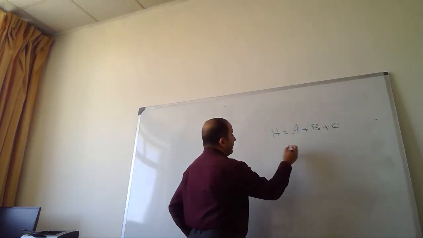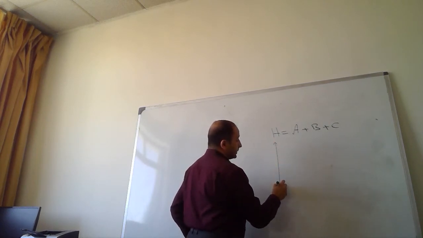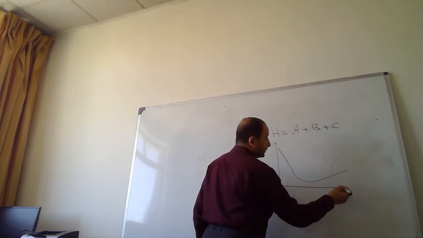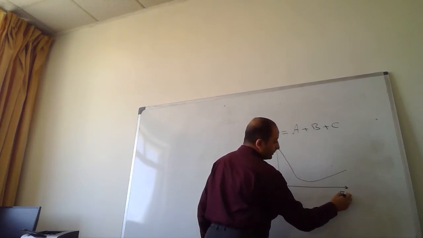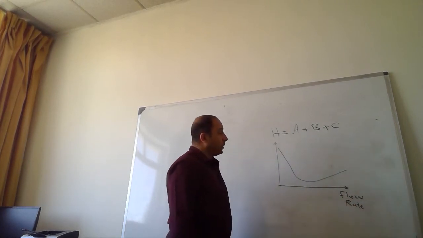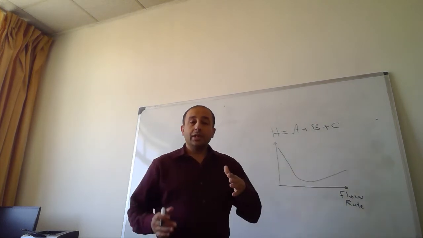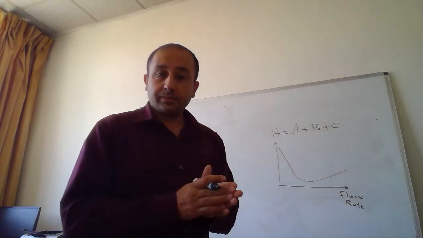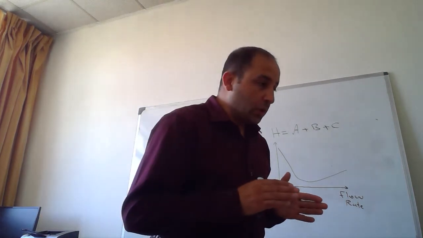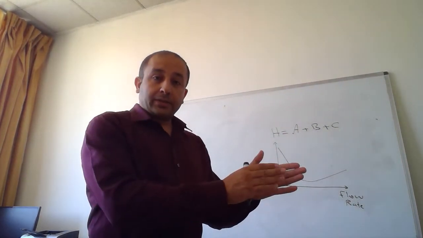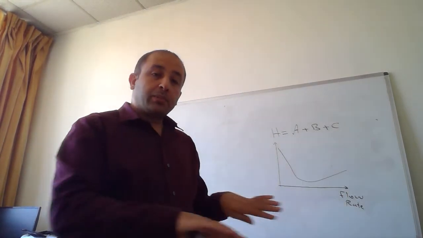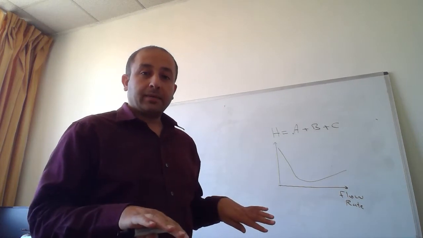Now, Van Deemter said that if we have flow rate here, this is the flow rate of the mobile phase. A high flow rate will reduce longitudinal diffusion, because when you push the analytes to go in a certain path, you prohibit them from going longitudinally in this path.